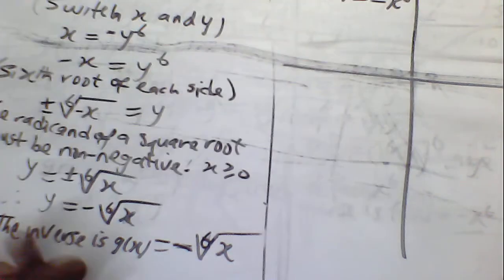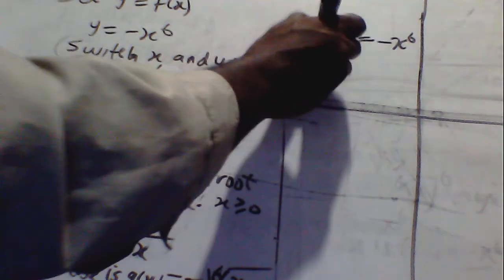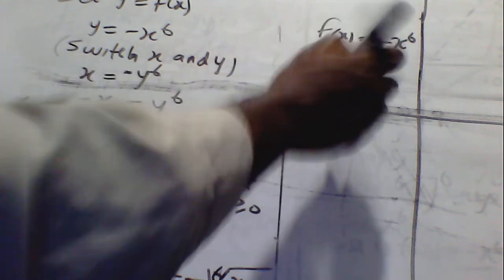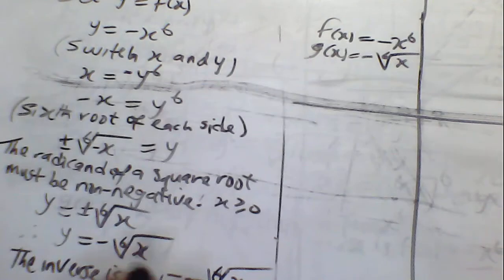We have f of x. f of x is equal to minus x raised to power 6. And the g of x is equal to minus the 6th root of what? x.